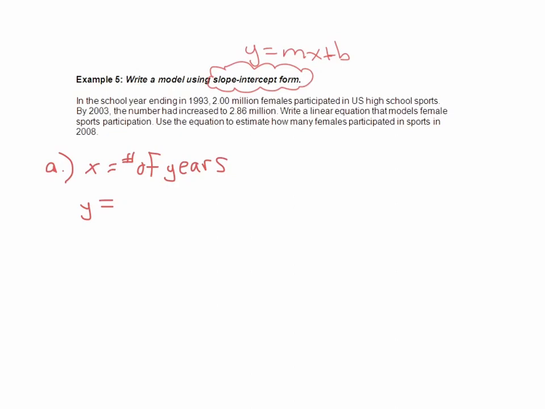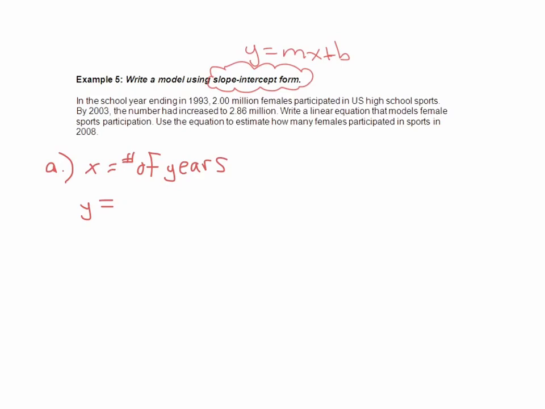I only have so much time to make my money. I only have so much time to grow this bacteria in a petri dish. Time controls so much of what we do. And in this case, it is the control variable in this study, right? What we see is the number of female participants in sports increasing over time. So time is our control variable. It'll be the denominator in our slope.